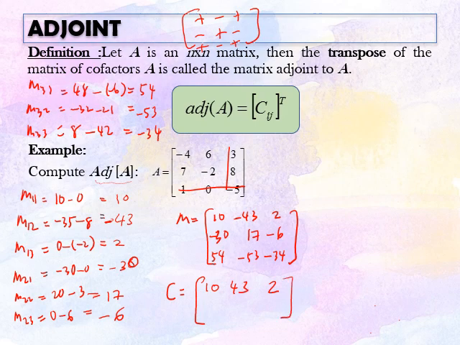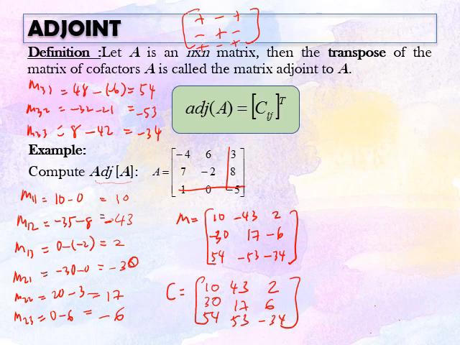Okay, we continue. So negative 30 becomes positive 30, and then 17, negative of negative 6 is 6, and then positive of 54 is 54, negative of negative 53 is 53, and positive of negative 34 is negative 34. So this is the cofactor that we want.